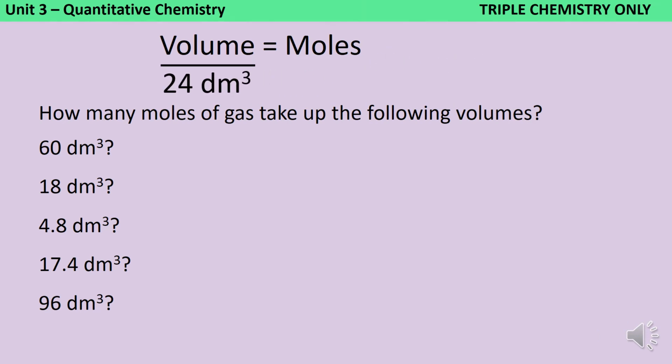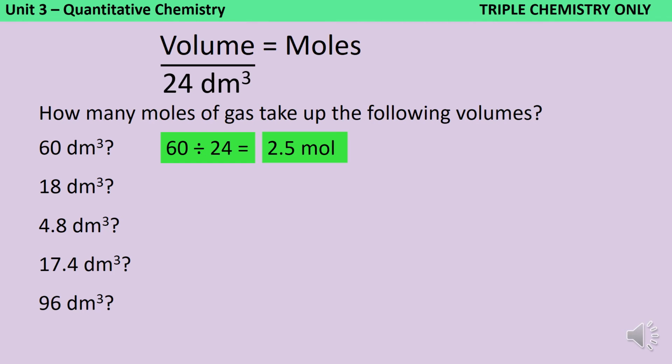So that ends up moving over to the left, and I now have volume divided by 24 will give me moles. So for instance, if I want to know how many moles of gas there are in 60 decimetres cubed, I do 60 divided by 24, and I get an answer of 2.5 moles.